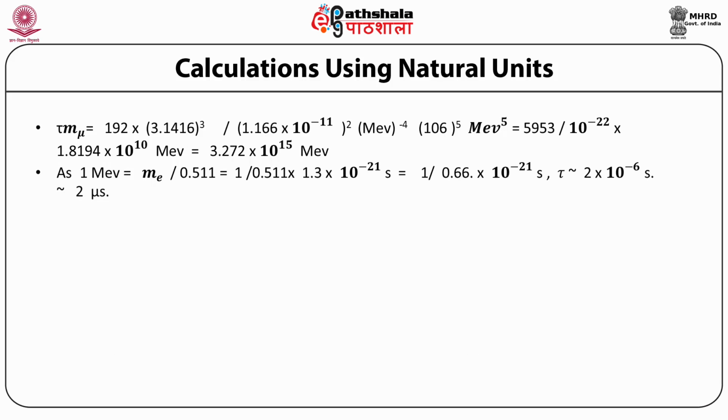Tau mu is equal to 192 into pi cubed divided by 1.166 into 10 raised to the power minus 11 squared, and putting in the numbers as shown here, as 1 MeV can be written as 1 over 0.511 in units of m_e, we get it as 1.1 divided by 0.66 into 10 raised to the power minus 21 seconds, or tau is equal to 2 microseconds. So we get the decay time of the muon as 2 microseconds.